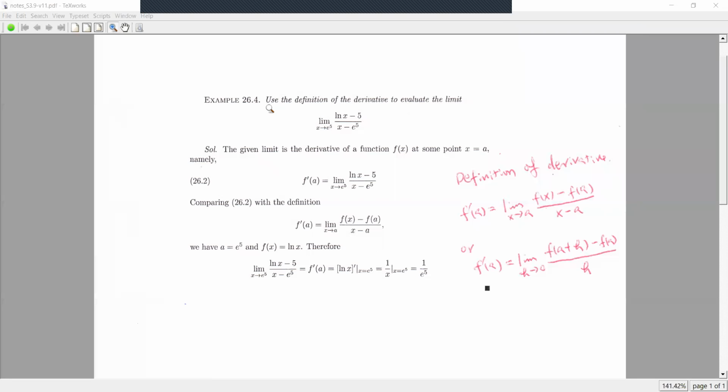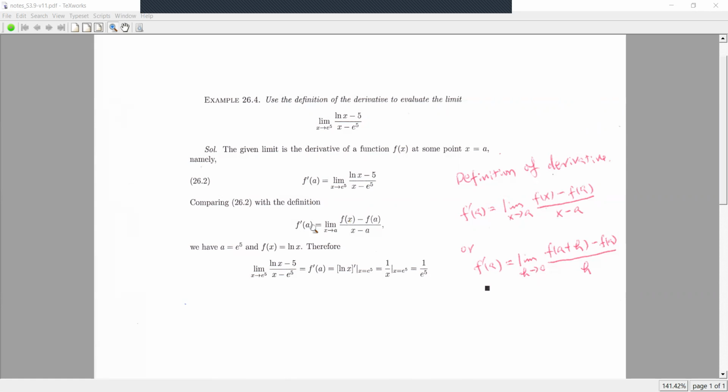Example 2. Use the definition of derivative to evaluate this limit. This limit is the derivative of some function f at some point a. To determine the function f and the point a, I compare this limit with the definition of derivative.